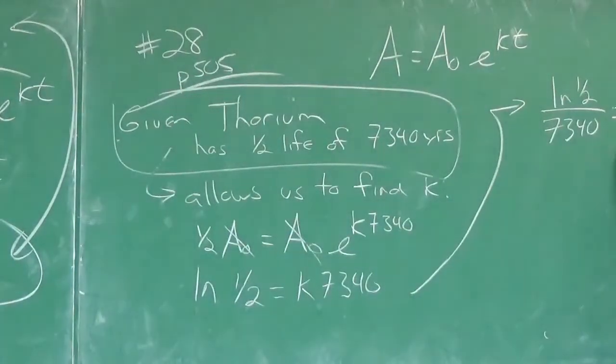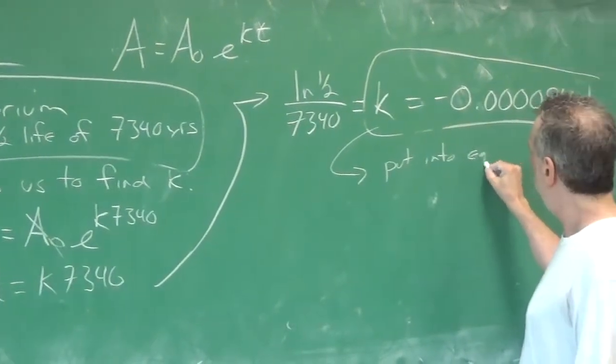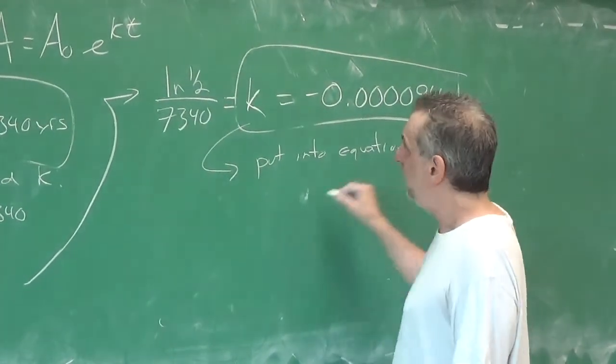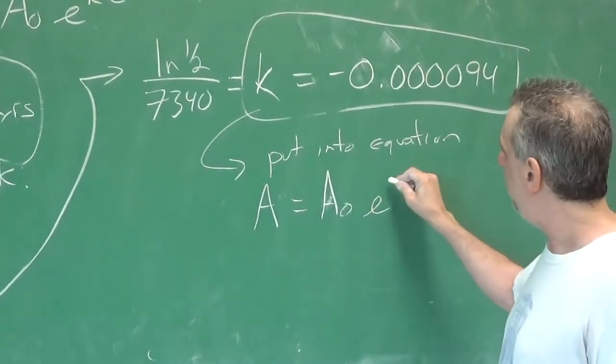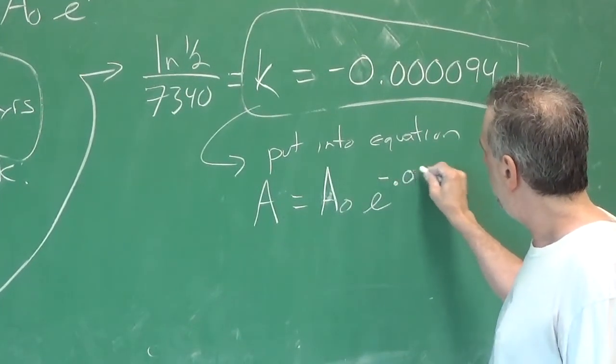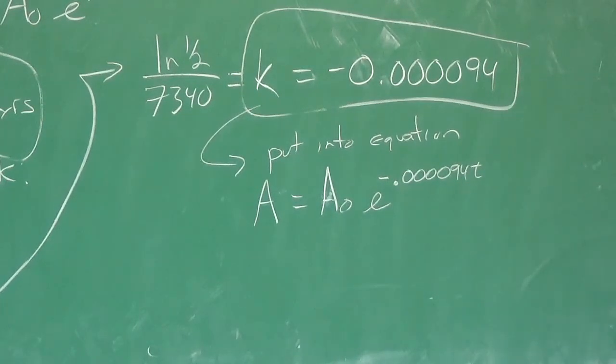So now we're going to put that k into the equation, and now we have a equals a sub 0 e to the negative 0.000094 t. Right? And now we can answer the next question, which is, how long will it take for it to decay to 20% of its original amount?